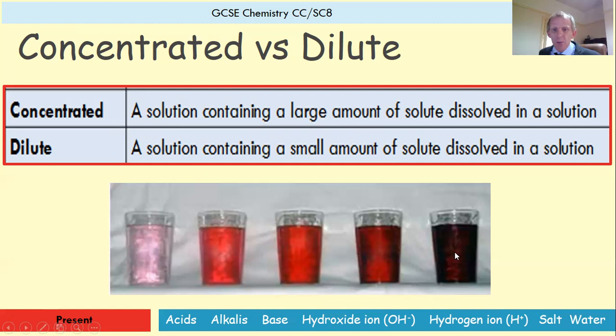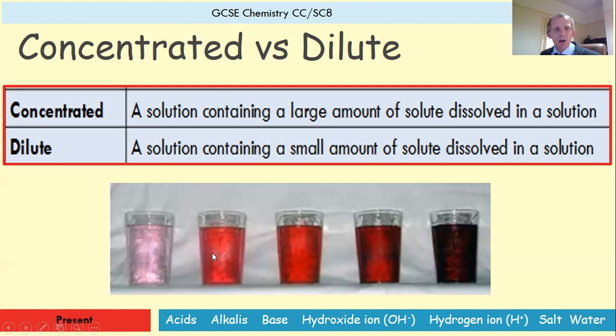By the time we got to here, we're probably having almost half of this glass would have been squash and then the rest of it would have been water. So this has a much larger amount of solute, which is the neat squash, dissolved into the solution as the whole glass. So a concentrated solution is a large amount of solute dissolved into a solution, while a dilute solution is a small amount of solute dissolved into a solution.